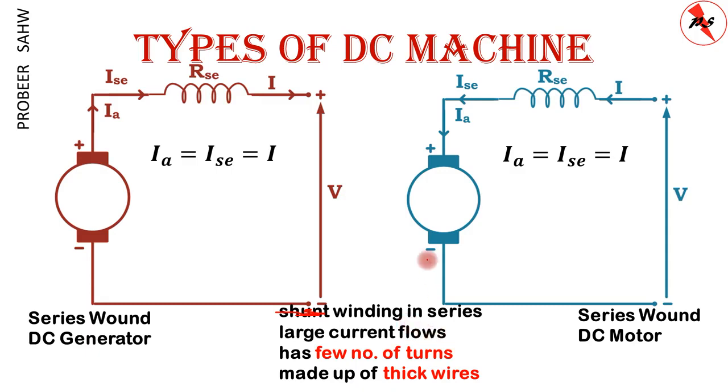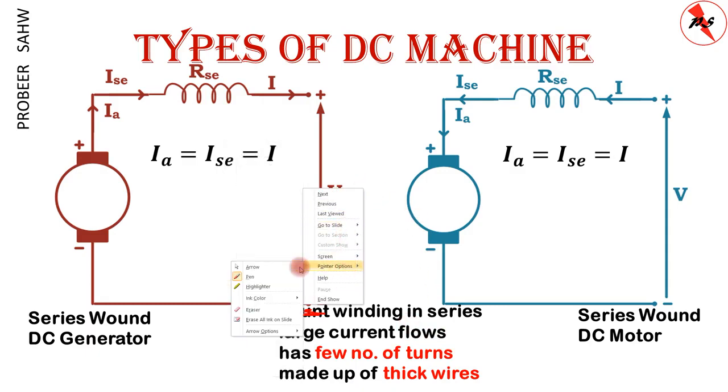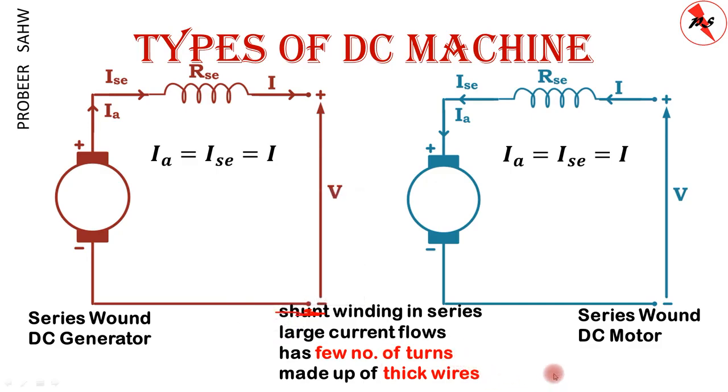Therefore, the series winding is made of thick wires. So in series type machines, the series field winding is made up of thick wires because the current flowing through it is very large. Since the current is large, a strong magnetic field can be produced by only a few turns.